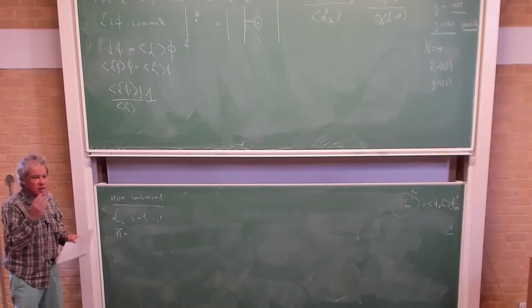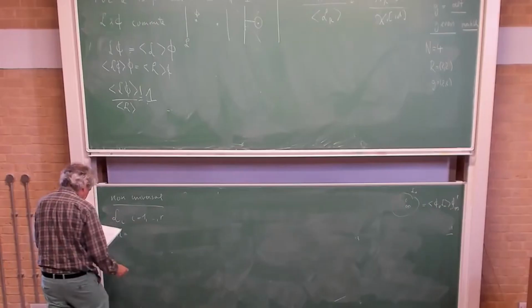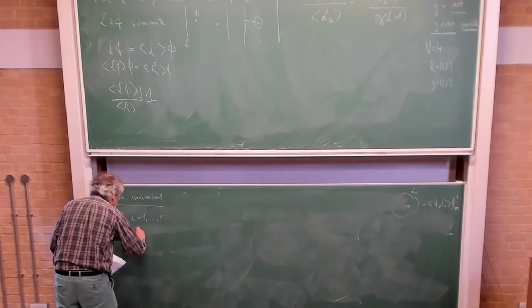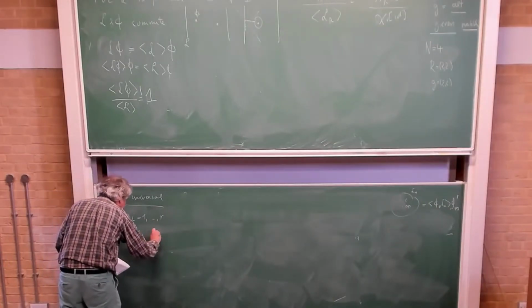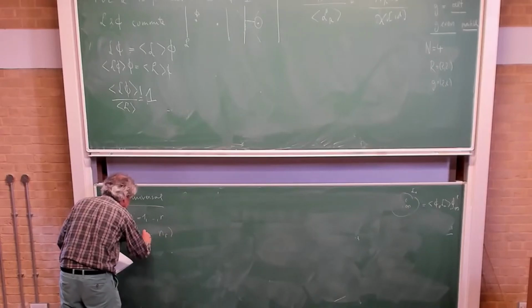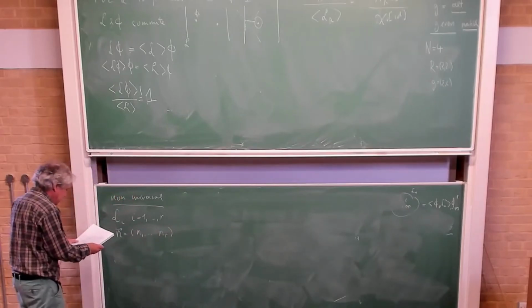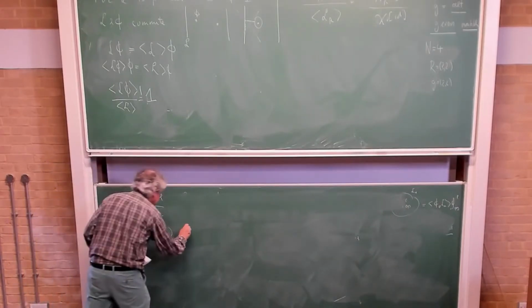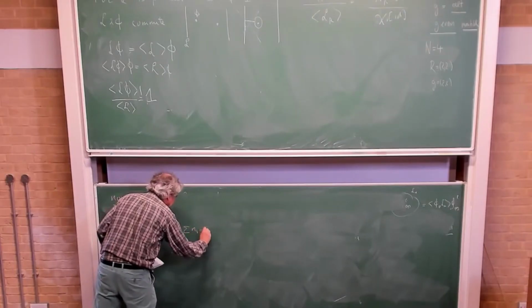Basically we take a set of numbers n1 to nr, and these sum up to n.